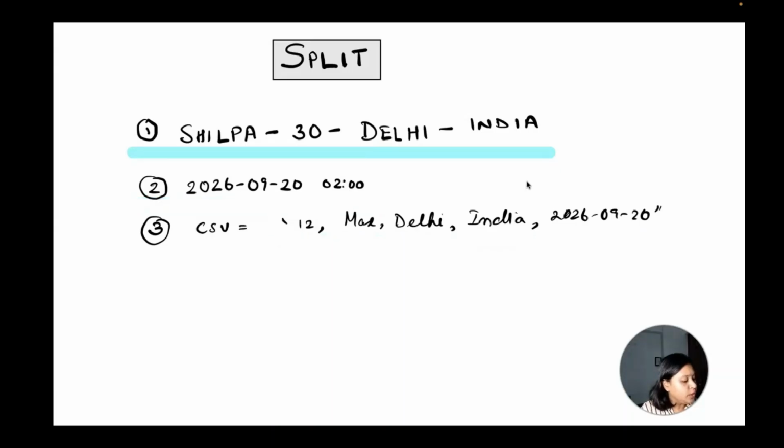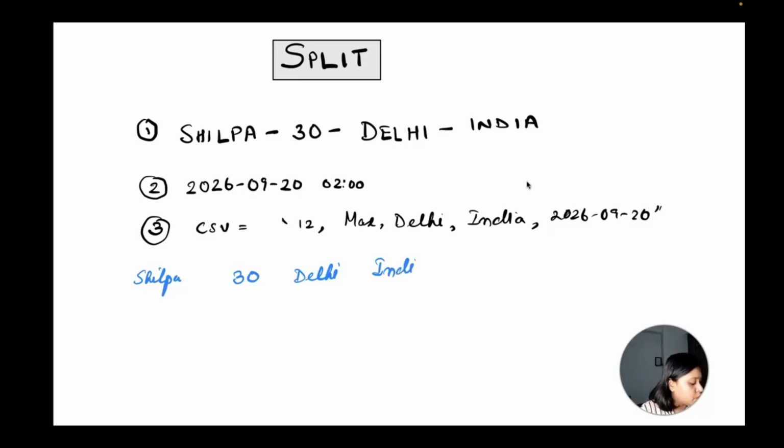So we need to split it in such a way that each word is in a separate column. In the first one, we need Shilpa in my first column, then we need the age, then the city in which he or she is living, and then the country. So we need all four things separately, and we don't need the hyphen.